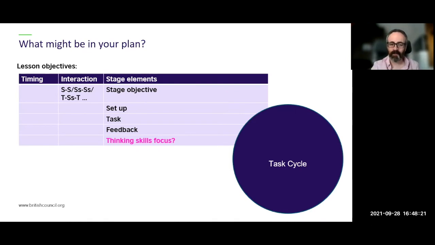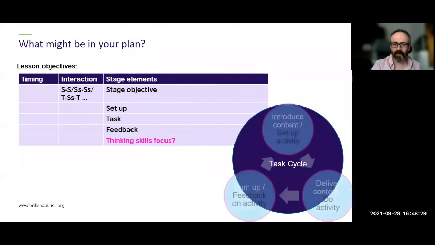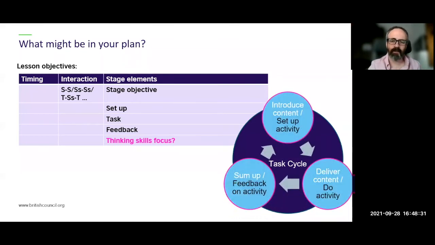It's something that we could consider. The setup, the task, the feedback, and the thinking skills focus, if we can develop that. And those stages are something called the task cycle. Setting up the task, doing the task, and feeding back on the task. We need to make sure those three stages are clearly planned to support students' learning.